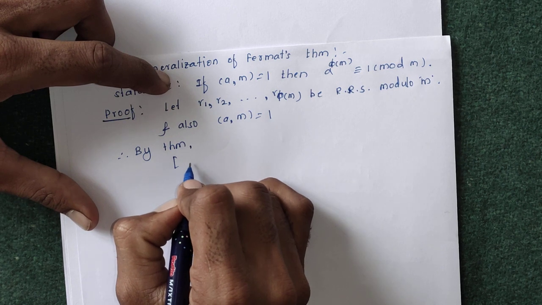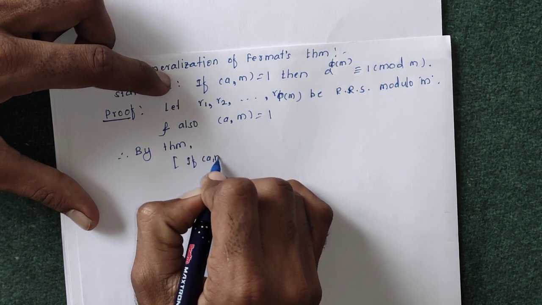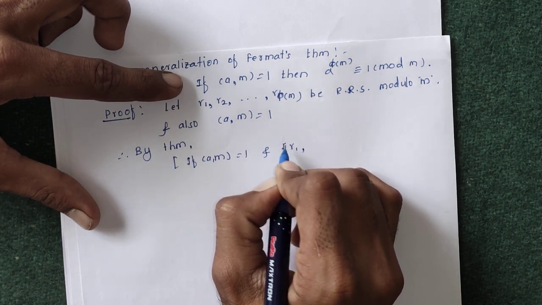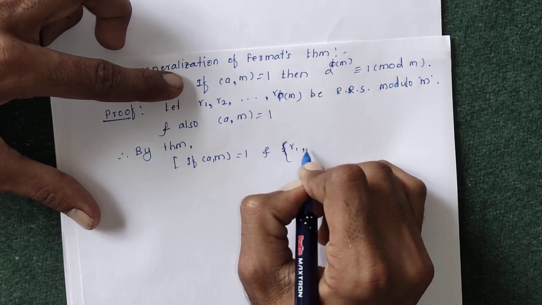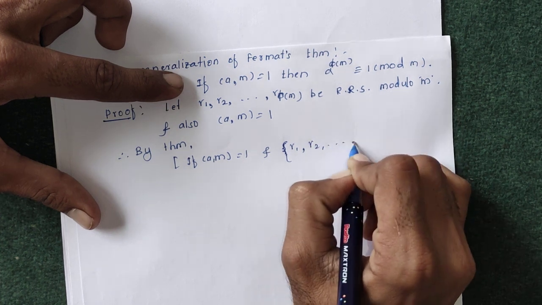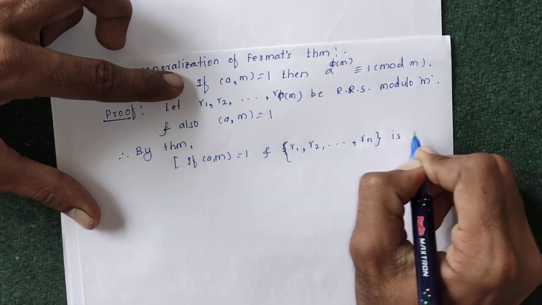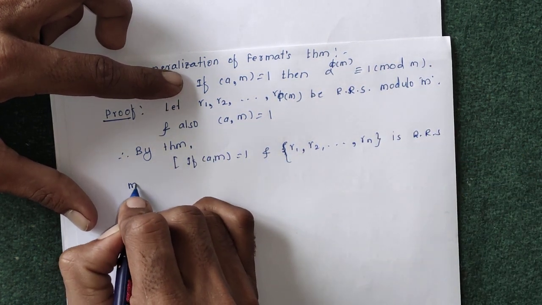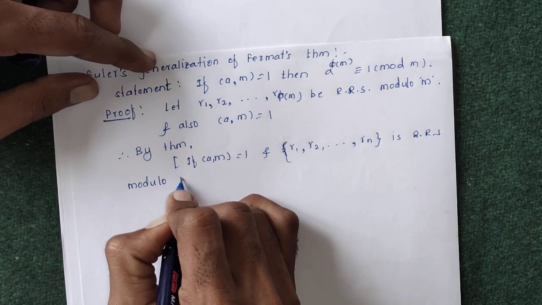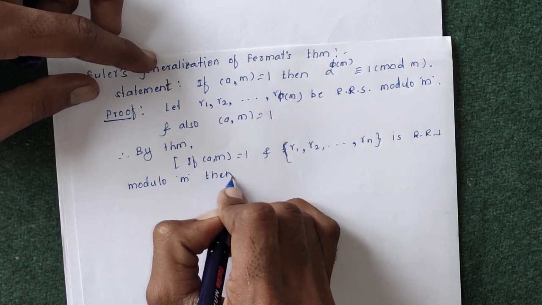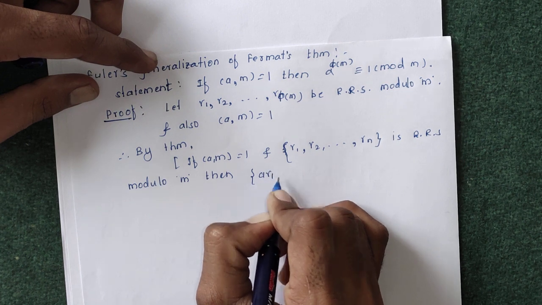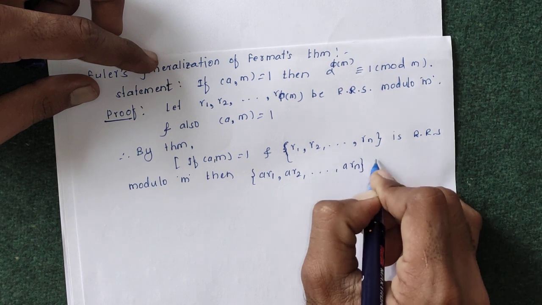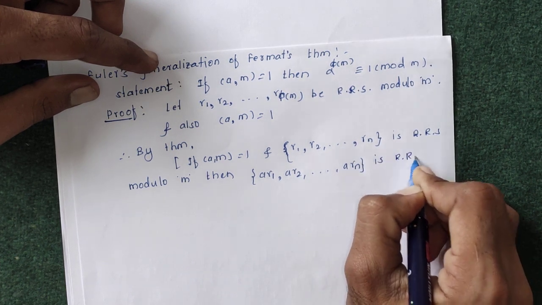The statement of the theorem is, if GCD of a and m is equal to 1 and R1, R2 up to Rn is a reduced residue system under modulo m, then aR1, aR2 up to aRn is a reduced residue system.